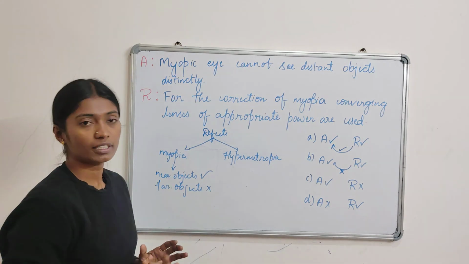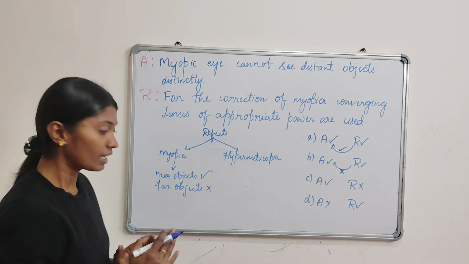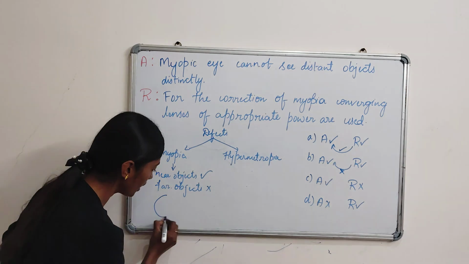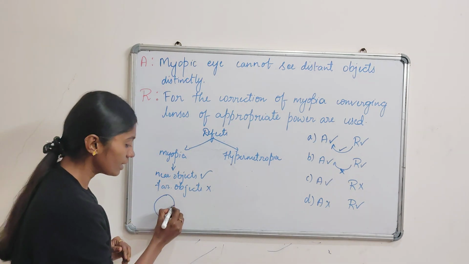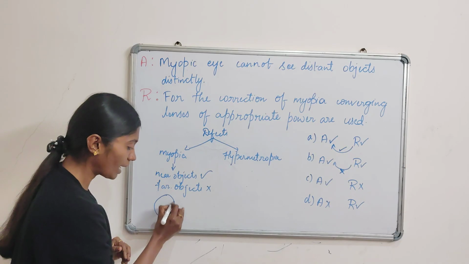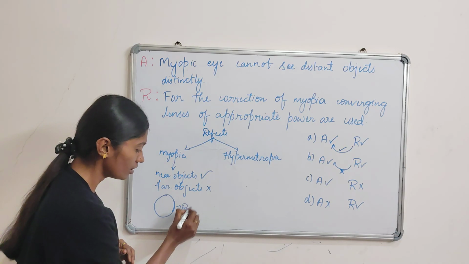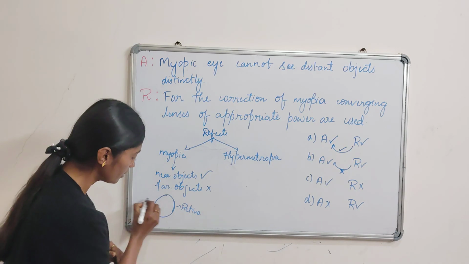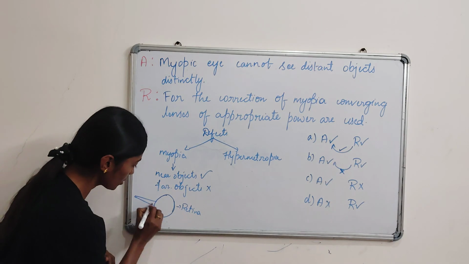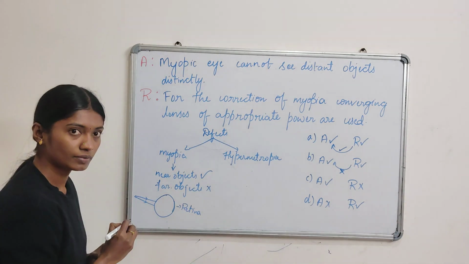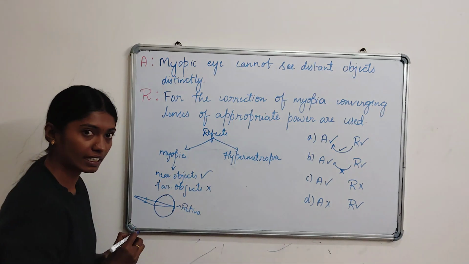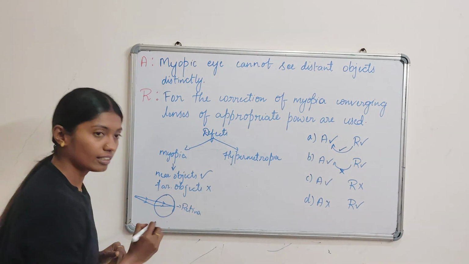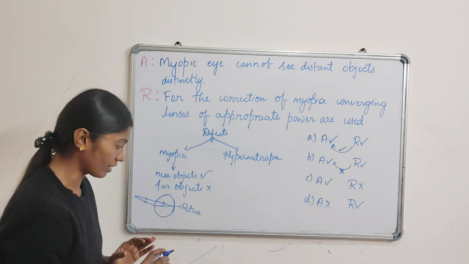If you want to represent myopia in a diagram, if this is the human eye, for a healthy person the intersection of the rays should happen on the retina. If these are the two incident rays from the source of light, the intersection should happen on the retina, then the person will not have any defect.